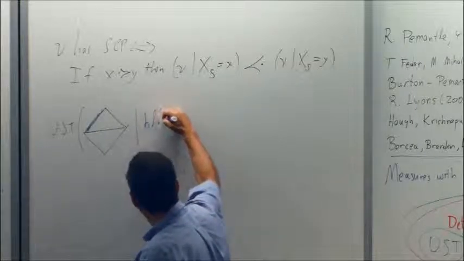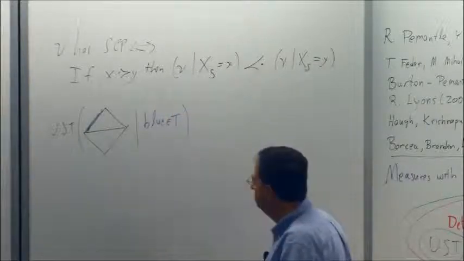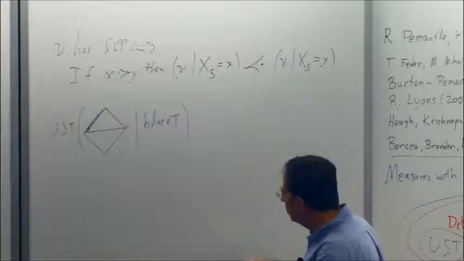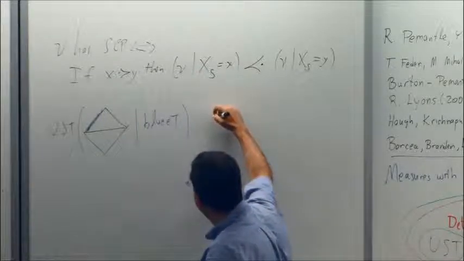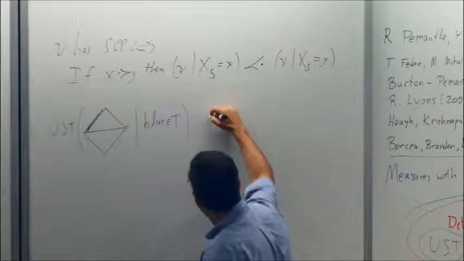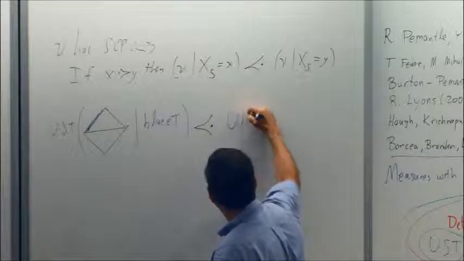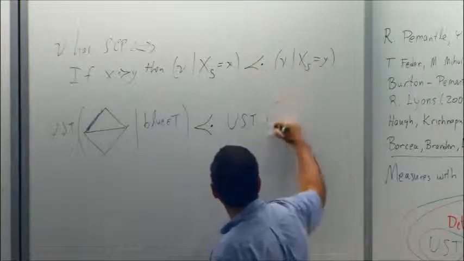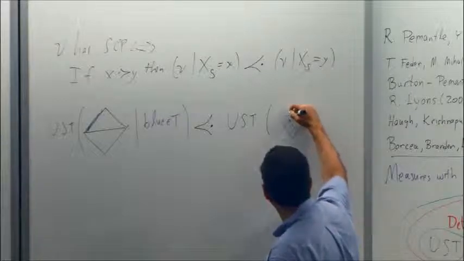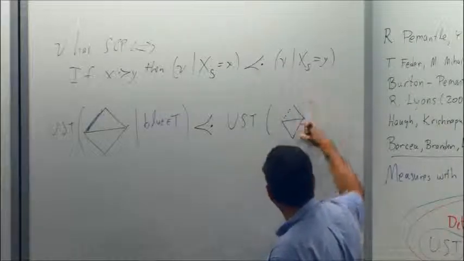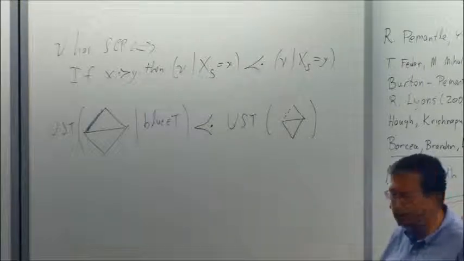The blue edge has to be in the UST. And then what I'm claiming is that, if I ignore the blue edge, this is going to be dominated by 1 by the UST of the graph with the blue edge removed. So here I'm insisting on this edge not being in the tree.